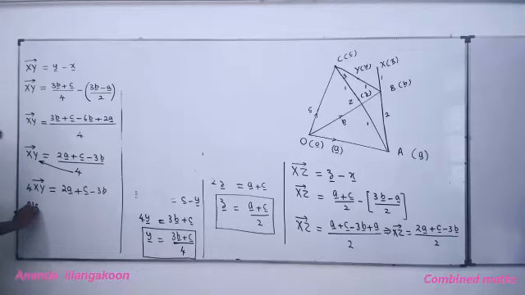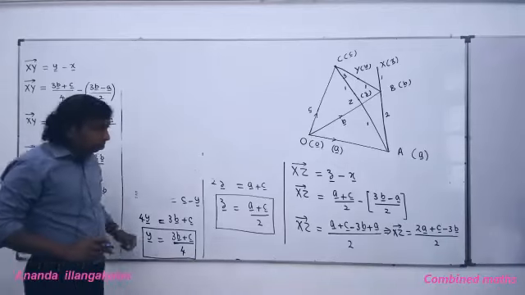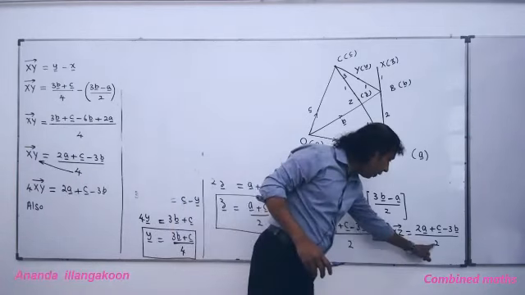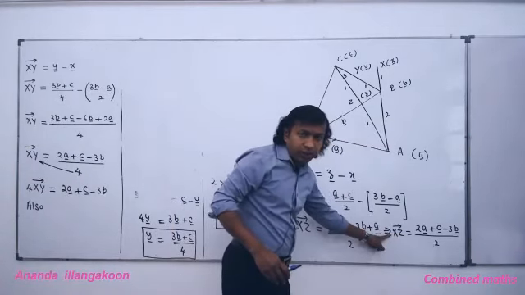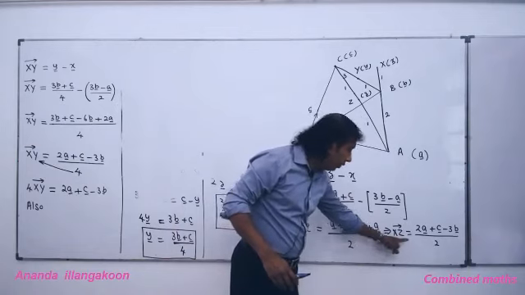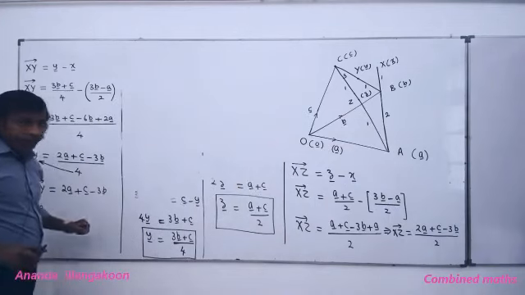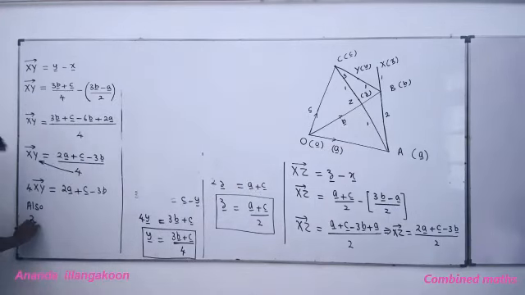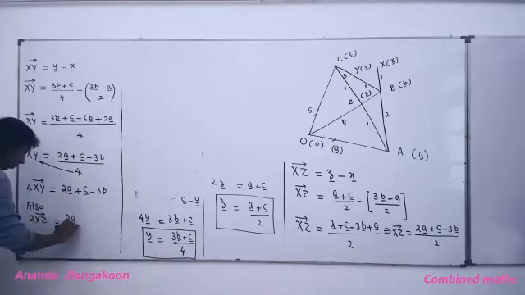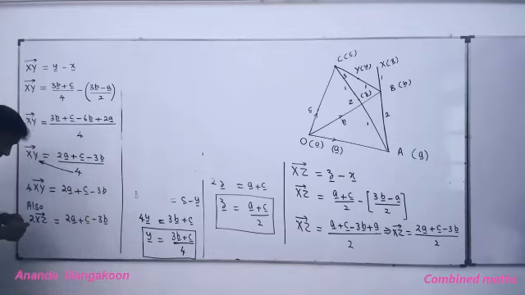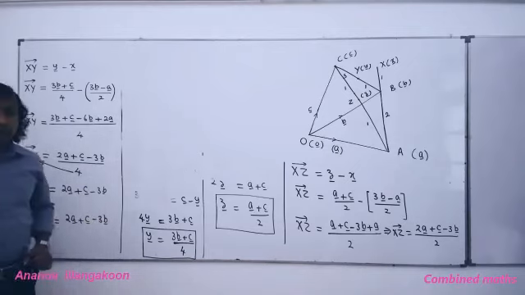Also, when we use the cross multiplication by these two, we get 2 times xz is 2a plus c minus 3b. 2xz vector is equal to 2a plus c minus 3b. Understand? That way we get.